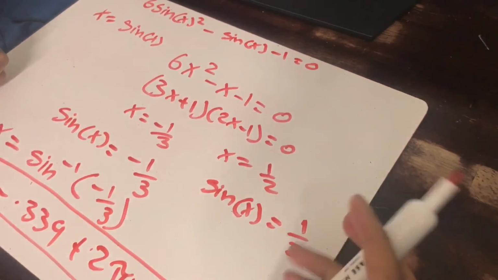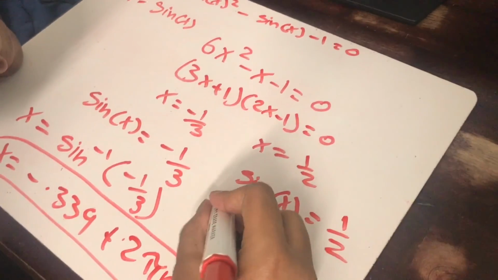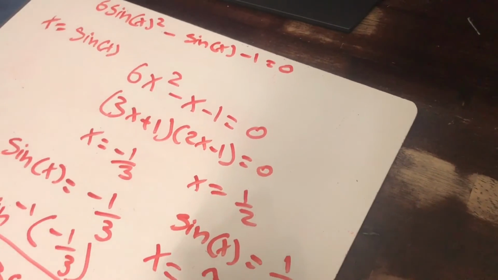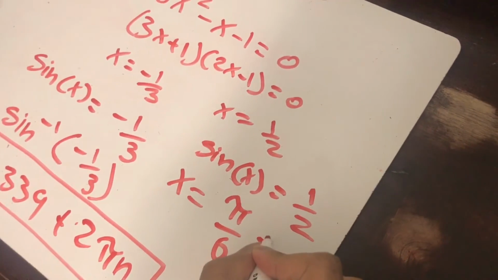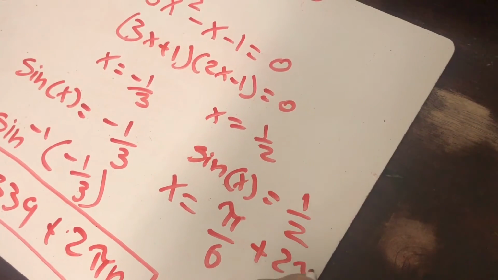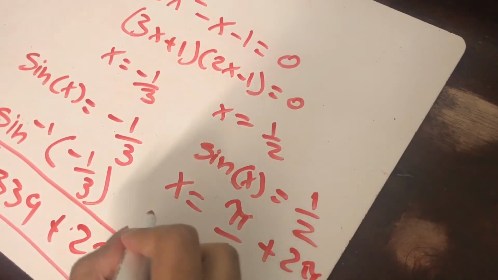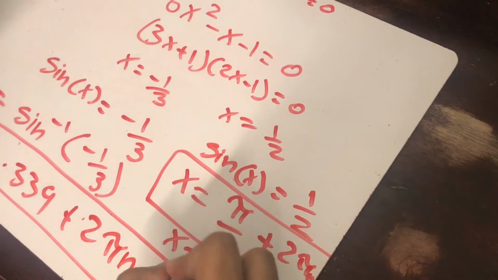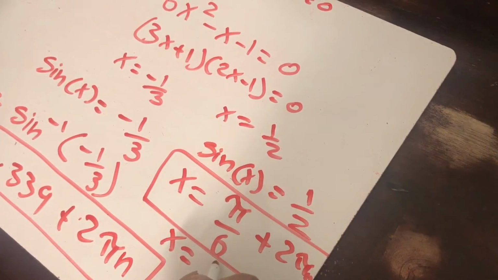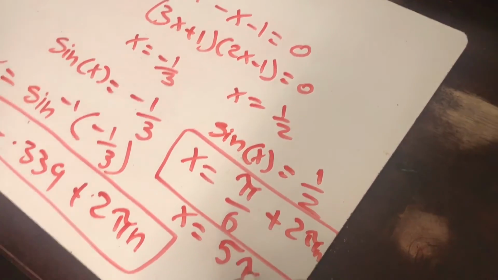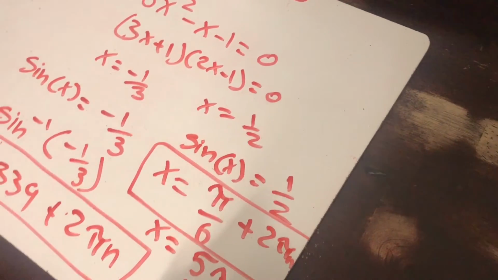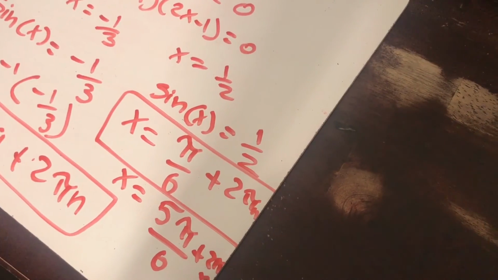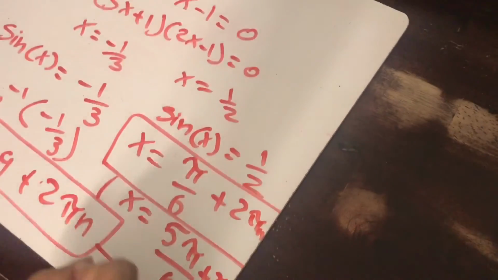So here x is equal to pi over 6 plus 2 pi n. That's our first answer. And our second answer is x equal to 5 pi over 6 plus 2 pi n. So those are all our answers.